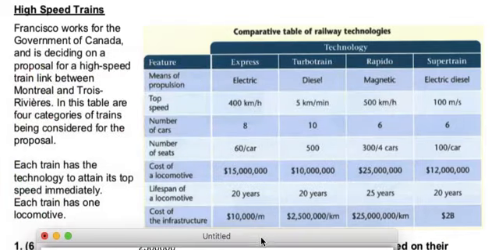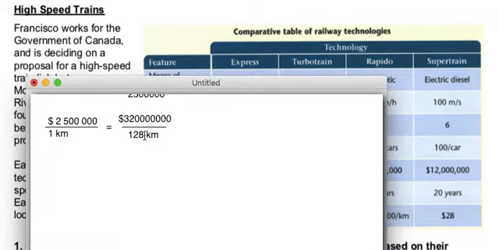Now, if you look here, if you're quick, you'll notice that this is just an extra 0 per kilometer. So the total cost for the Rapido train is not going to be $320 million for 128 kilometers. It's going to be $3.2 billion for 128 kilometers. It's just going to be the same number here with another 0 on it.